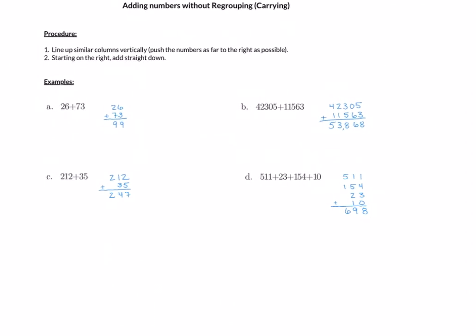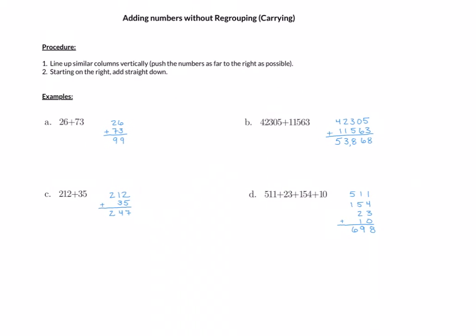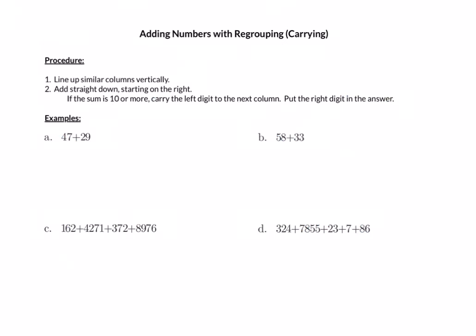Okay, so that takes care of adding numbers without regrouping or carrying. Okay, so let's get into some tougher problems. The next ones that we want to look at is adding numbers that do require regrouping or carrying. So just like on the previous examples, we still want to line up our columns, our similar columns vertically.